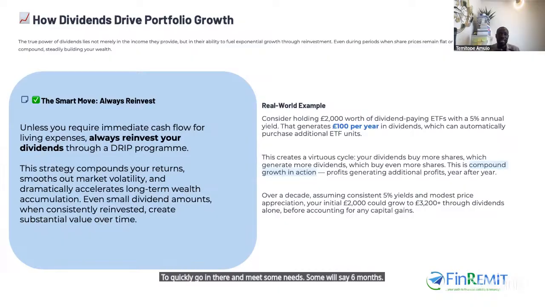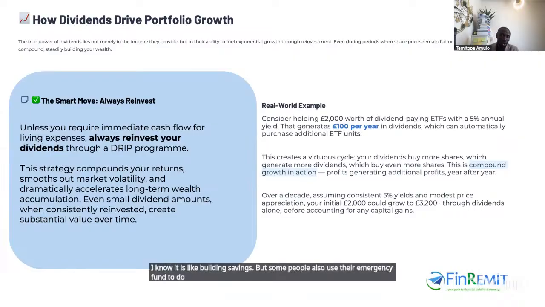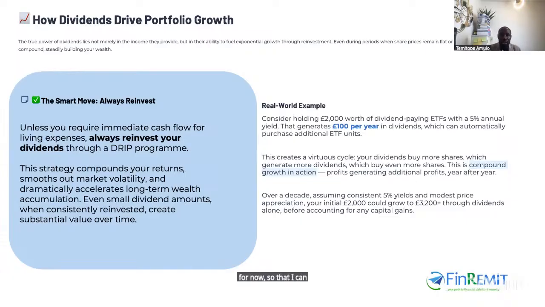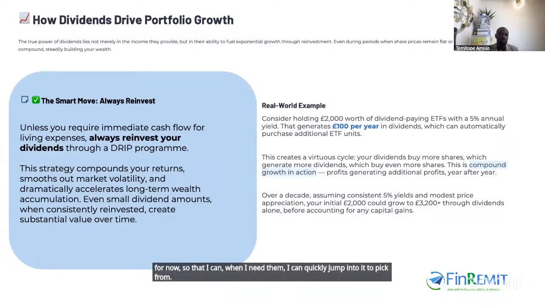I know it is like building savings, but some people also use their emergency fund to buy shares and stocks on online platforms like Trading 212, Bamboo, iVest and eToro, so that they know, okay, it's actually my emergency fund, I'm only investing it for now so that when I need it, I can quickly jump into it to pick from it.